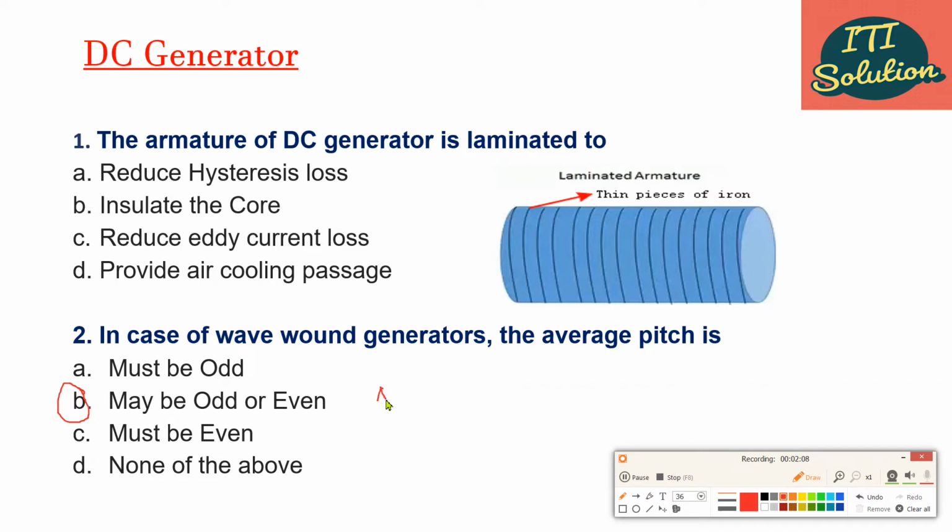Then the average pitch is back pitch plus front pitch, total divided by 2, and also average pitch is equal to number of conductors divided by number of poles.